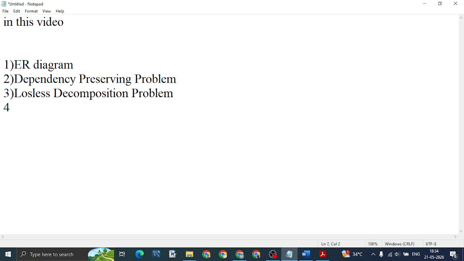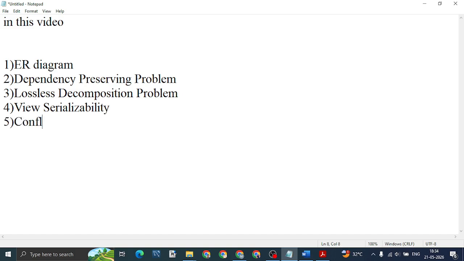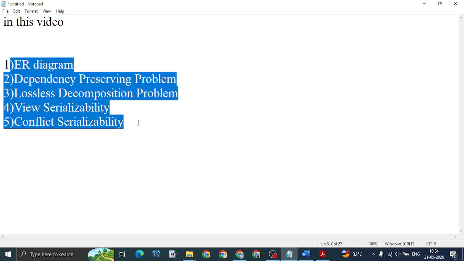And the fourth one is the view serializability. The fifth thing, conflict serializability. So these are the few things we are going to discuss.